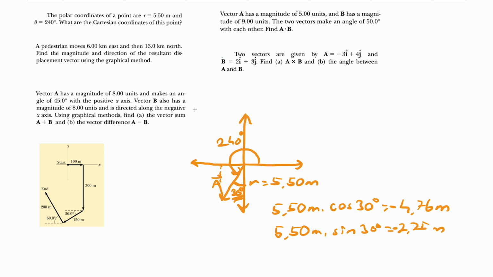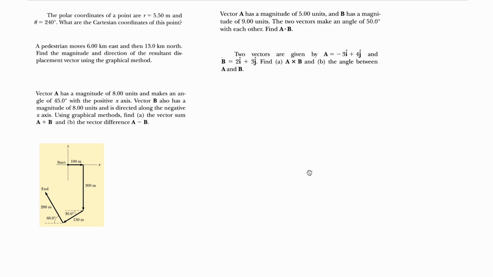So for a second question, let's look at it. A pedestrian moves 6 kilometers east and then 30 kilometers north. Find the magnitude and direction of the resultant displacement vector using the graphical method. So what we're going to do is imagine these movements as two different vectors, and we just need to add these vectors together.